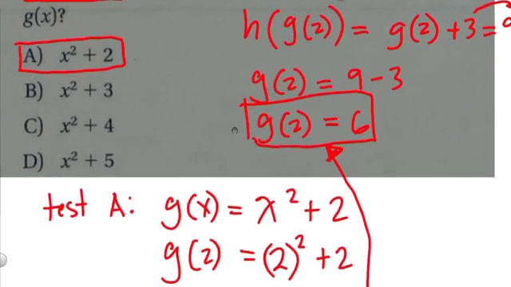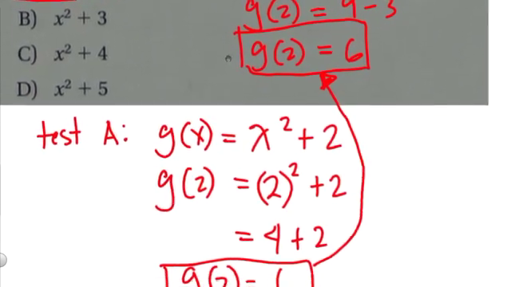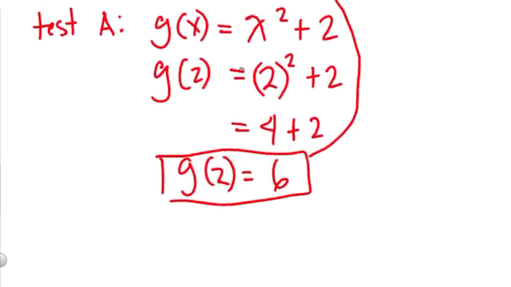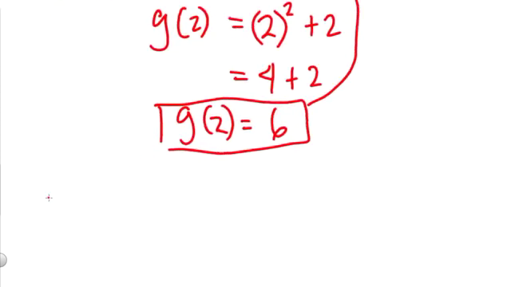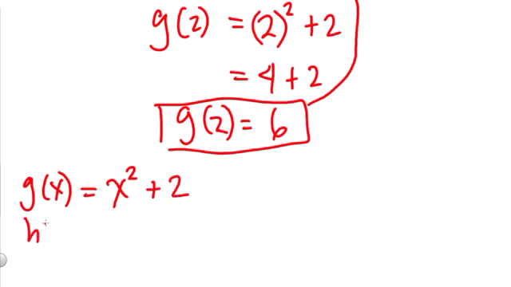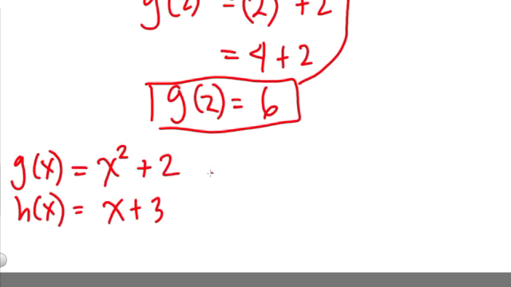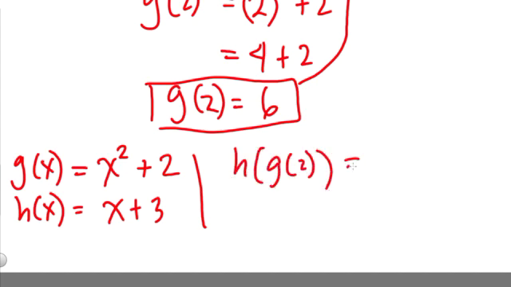To make sure of this answer in letter A, we have to see if g of x is equal to x squared plus 2 and h of x is equal to x plus 3, we'll verify if this will give us h of g of 2 equal to 9.